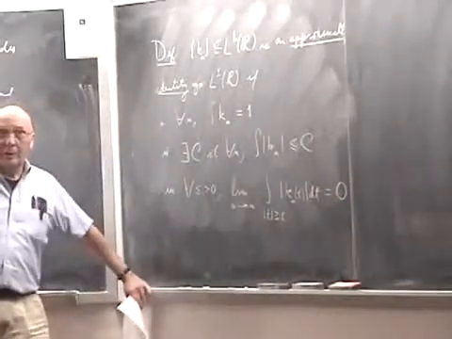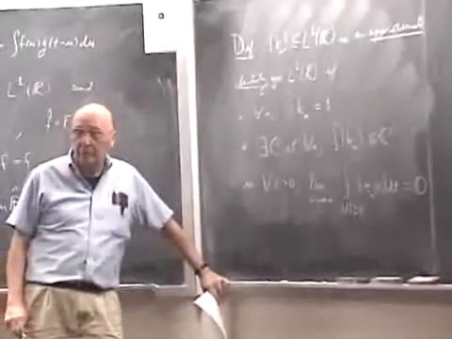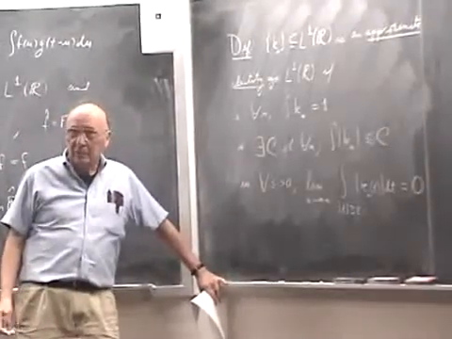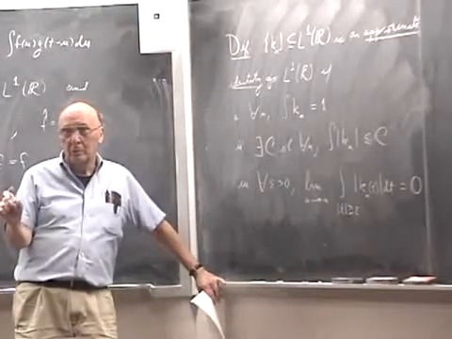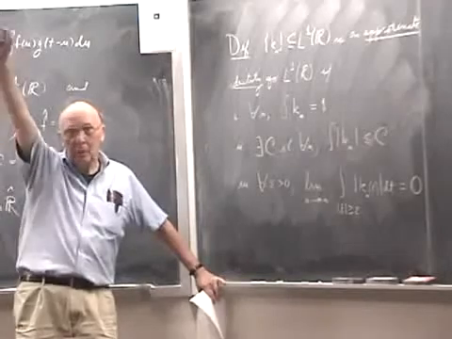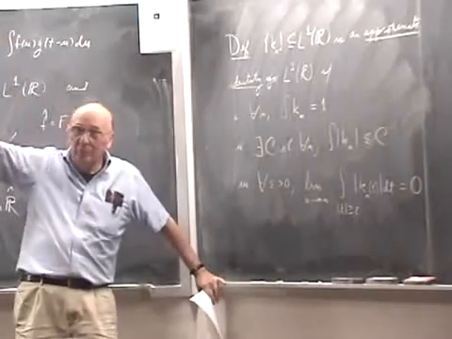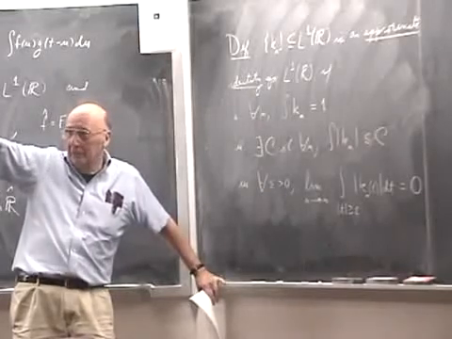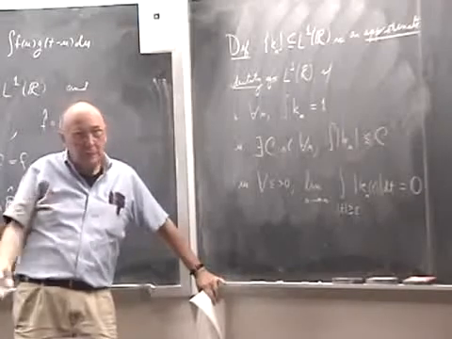So remember what I said when we talked about the delta. I said, boy, wouldn't it be great if we had an L1 function that was 0 every place except at the origin, and its integral existed, it was equal to 1. Because if we'd had that, then some of the baloney I mentioned at the beginning, which allowed me to motivate the inversion formula, would actually be true.